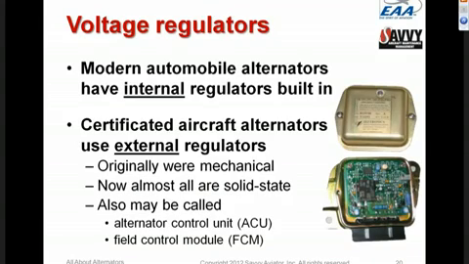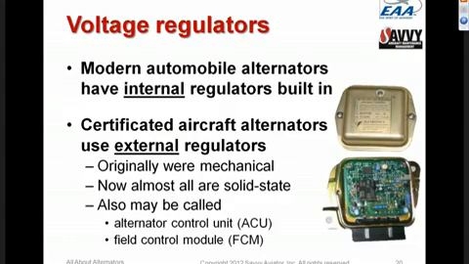The voltage regulator, which again is a device that watches the output voltage of the alternator and adjusts the field current to hold that output voltage constant. The regulator can be mounted either inside of the alternator or externally as a separate component. In most modern automobile alternators, the regulator is built right into the alternator.